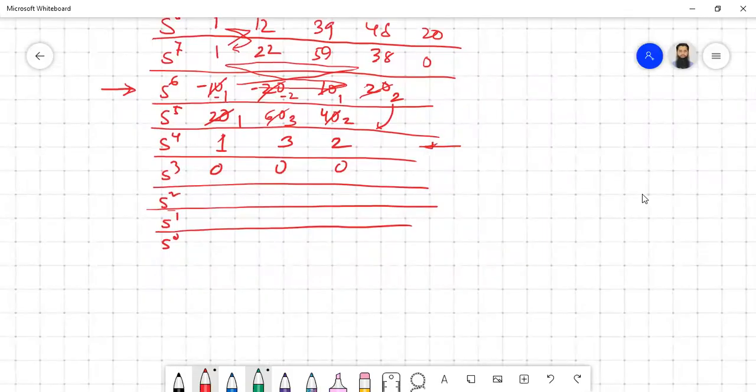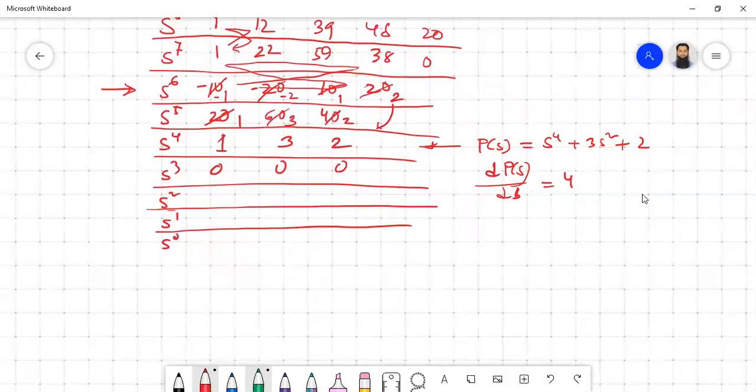So this one will be our auxiliary equation. So basically P of S equal to S to the power 4 plus 3 S square plus 2. Now dP(S) by dS is basically 4s cubed plus 6s squared plus 0. So now replace this by 4, this one by 6, and this to 0.